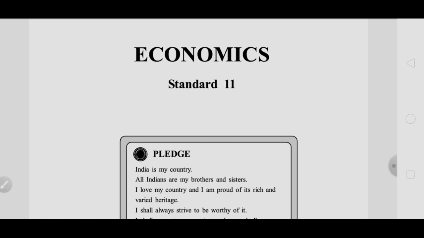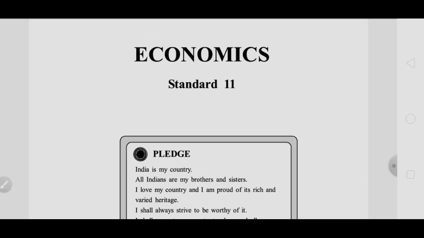In this subject, we are going to discuss everything about economic variables, that is demand and supply, factors of production, cost, revenue, markets, and Indian economy, while population, poverty and unemployment will be covered in standard 12th. In standard 11th we will discuss some of the important aspects of economics.